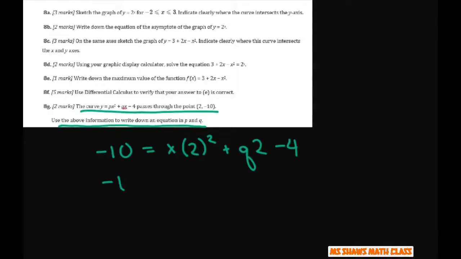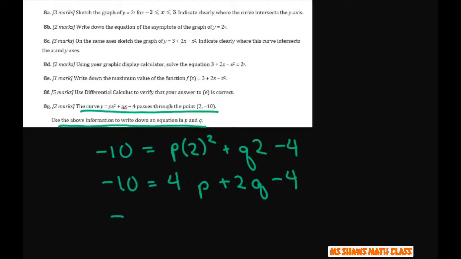So this looks better written like this: 4p plus 2q minus 4. And if you want to simplify that, we can go ahead and add 4 to both sides.